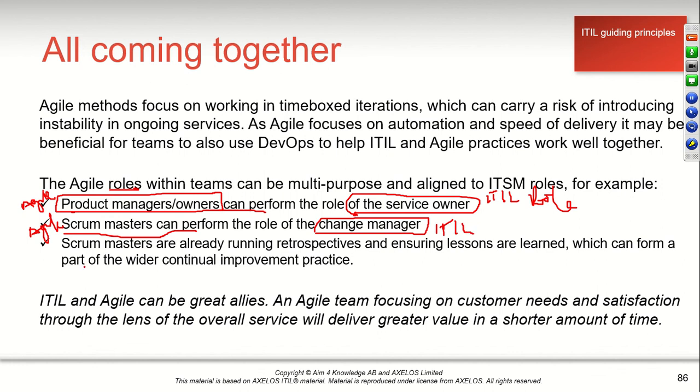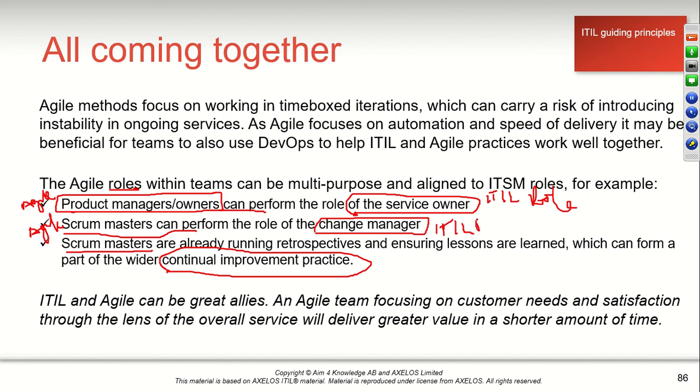Then Scrum Masters are already running retrospectives and ensuring lessons are learned, which can form a part of the continual improvement practice. So part of the task that the Scrum Master performs also falls under what a continual improvement manager would do, or under the continual improvement practice.